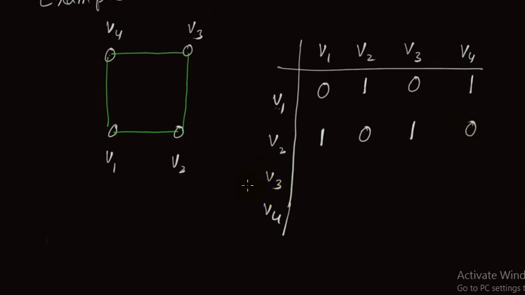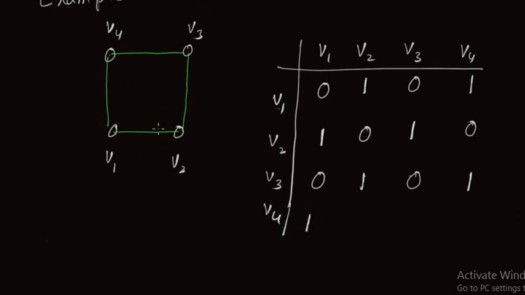Now similarly for vertex V3, V3 has no edge with V1, we choose 0 value. V3 and V2 has an edge, 1 value. There is no loop at V3, we choose 0 value. V3 and V4, there is an edge, so we choose 1 value. Similarly for the last vertex V4, V4 and V1 have an edge, I choose 1.